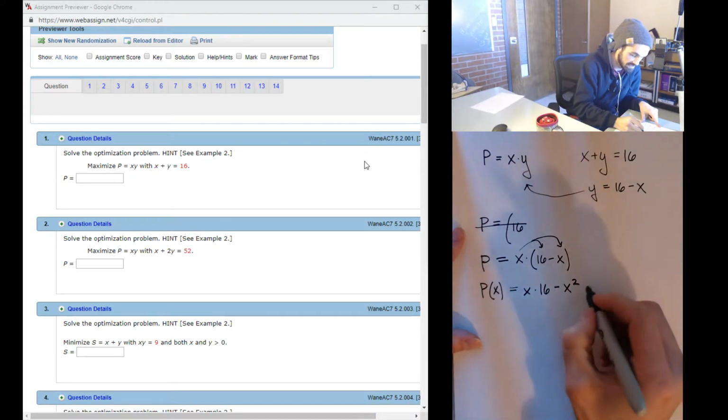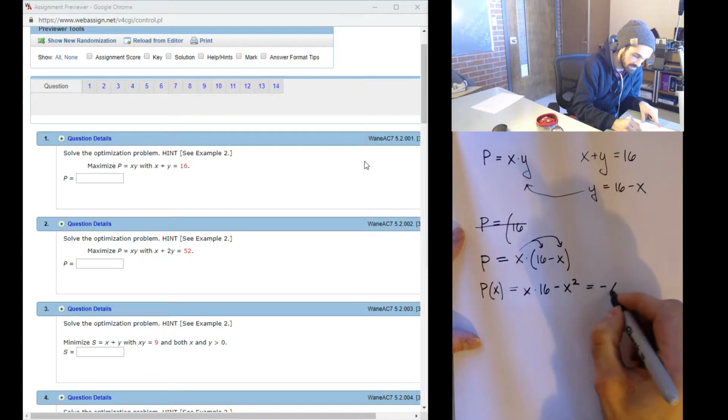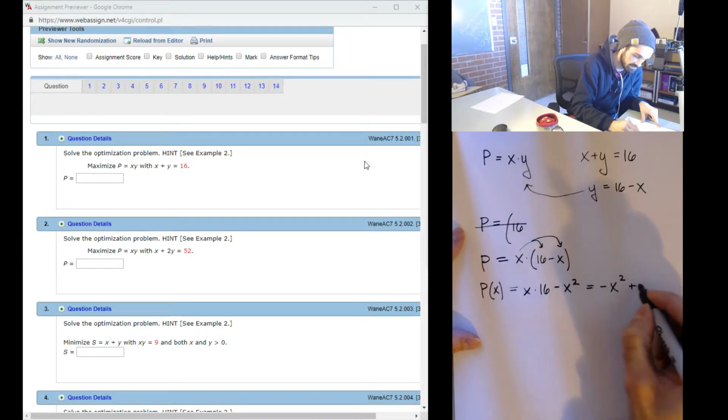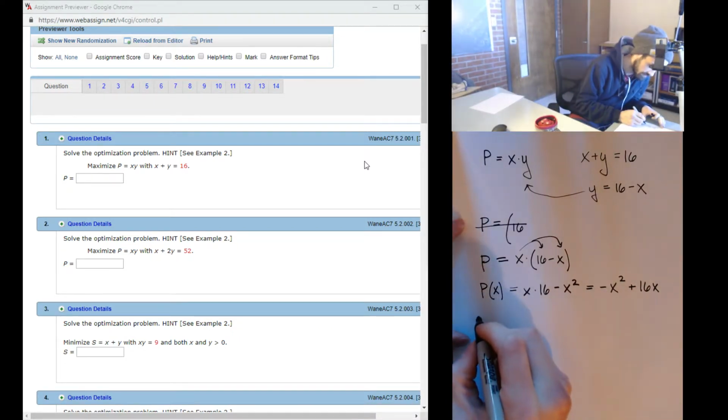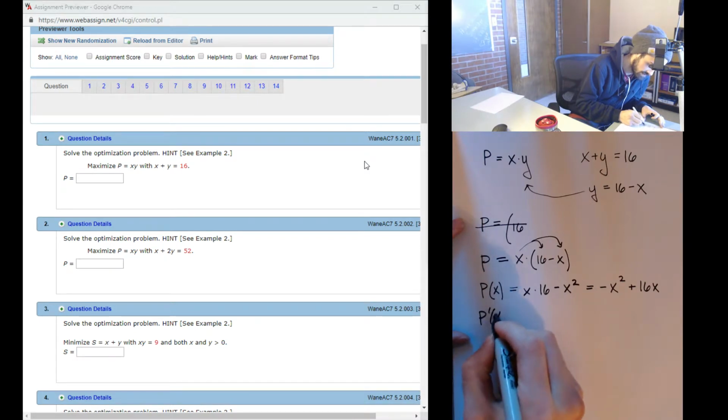So we have this nice quadratic equation, which I will write in standard form. All right, so there's our function P of x, and we need to differentiate P. So let's find P prime of x.